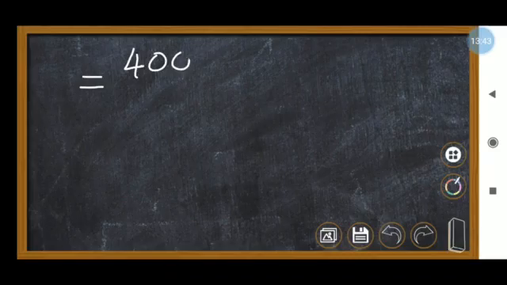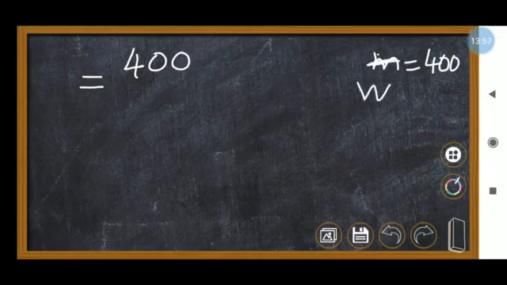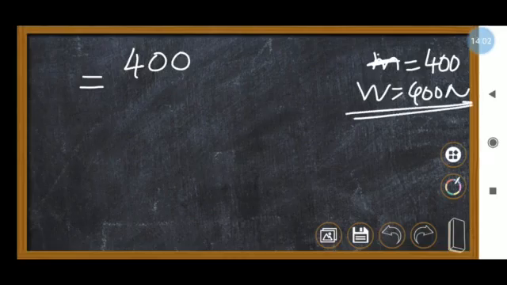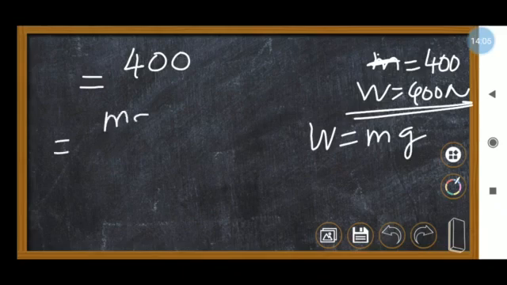Okay, so first one, just calculate that one. First one, 400 Newton they given. So mg: weight they given, sorry, weight they given. So weight equal to 400 Newton. So already they given in terms of Newton. So as you know already W equal to mg. Am I right? So what equation we found? mgh divided by t.